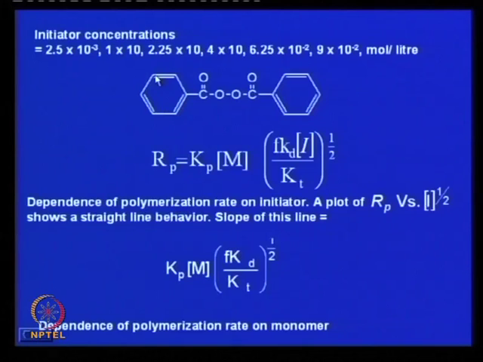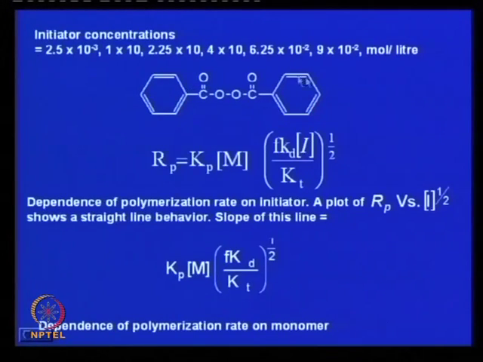Now, in order to evaluate rate as well as other parameters, you select different concentrations of initiators. You see, this is one concentration, this is another concentration, this is another concentration, like this.